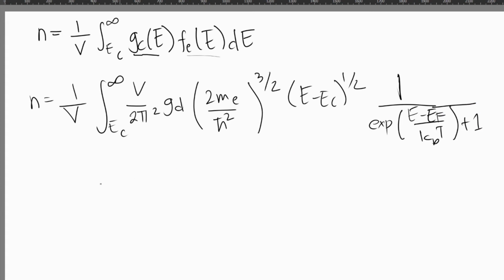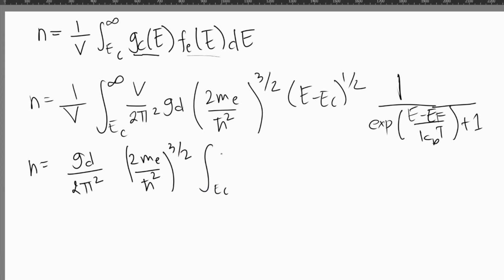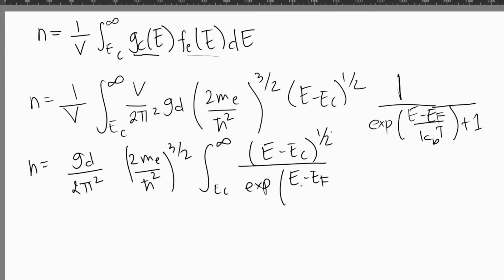Ganyan. So, upon simplifying this expression, how simple we can get it, simplifying in quotes, we get N is equal to GD over 2 pi squared (2ME over H bar squared) to the 3 halves, integral from EC to infinity of (E minus EC) to the 1 half over exponential of (E minus EF) over KBT plus 1.